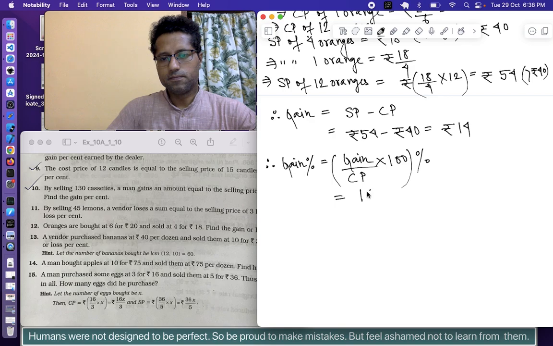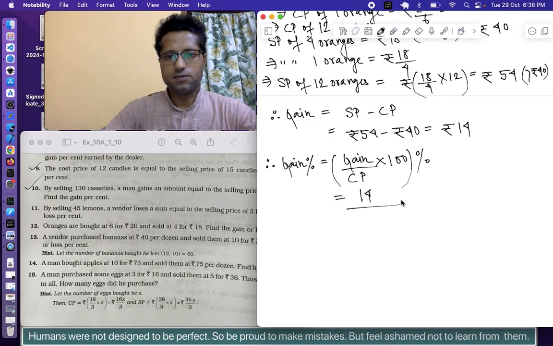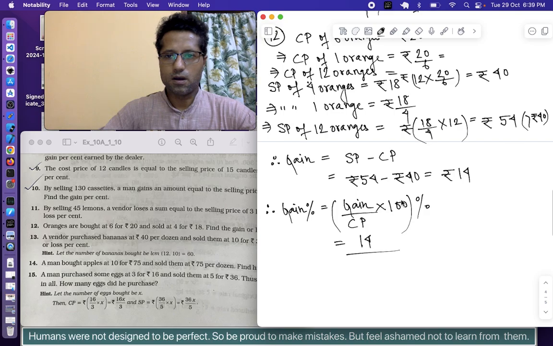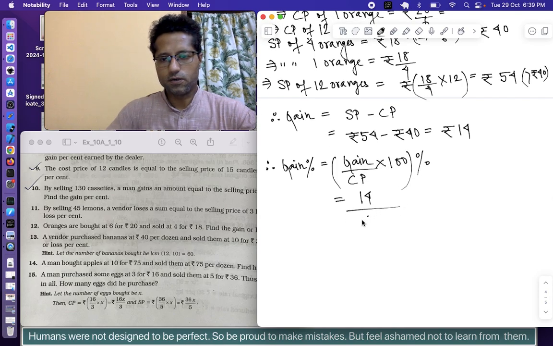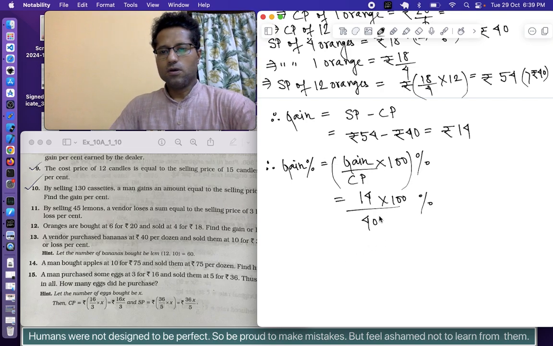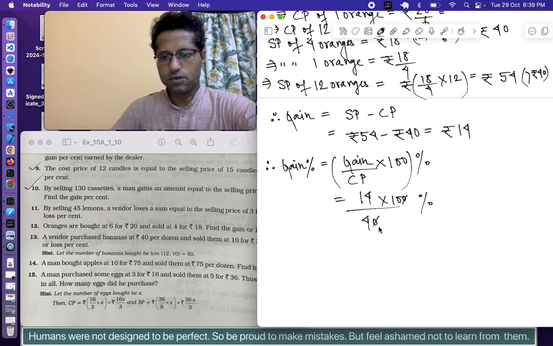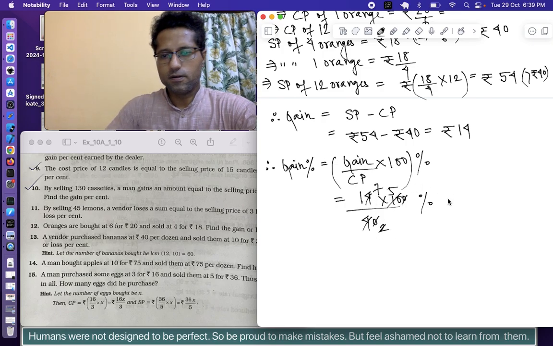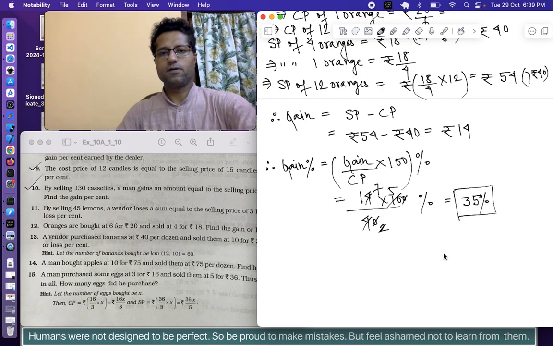Gain is 14, and CP is the CP of 12 oranges, which is 40. So 14 divided by 40 multiplied by 100 percent. We have to simplify this. The zeros cancel out, and this is equal to 35 percent. So there is a gain of 35 percent.